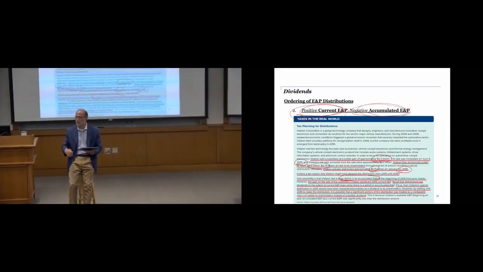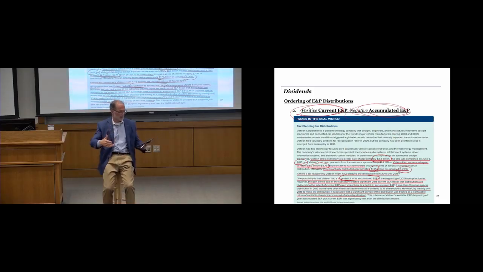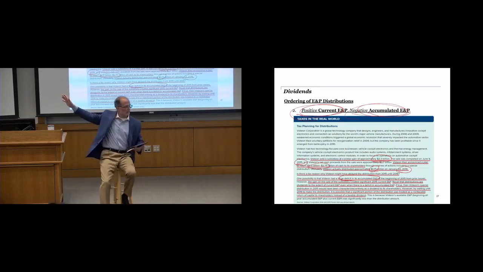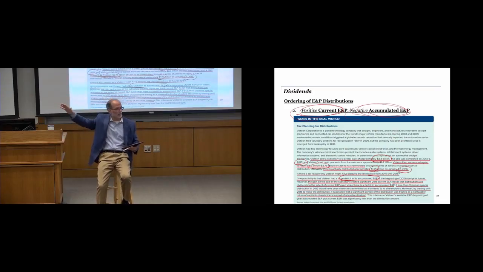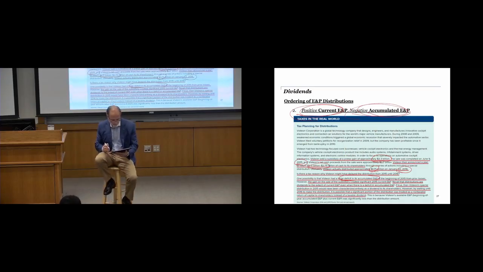So I like to think of it, maybe it's a startup, has something valuable, but it's not yet making income, but it's valuable in the marketplace, so I sold it, triggered a big gain. But I still got this problem, I was in a startup and I lost a lot of money, so I have negative accumulated.